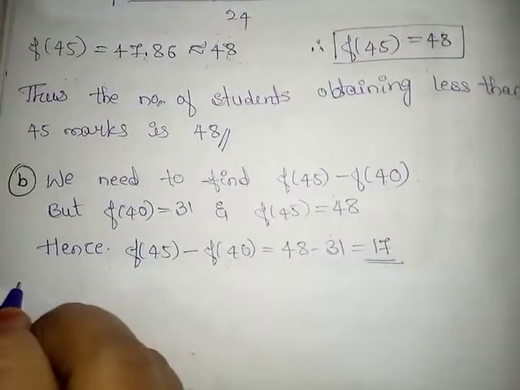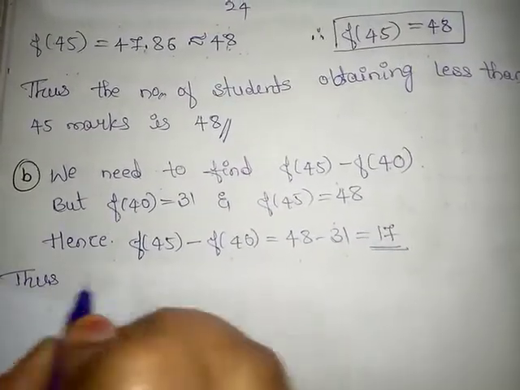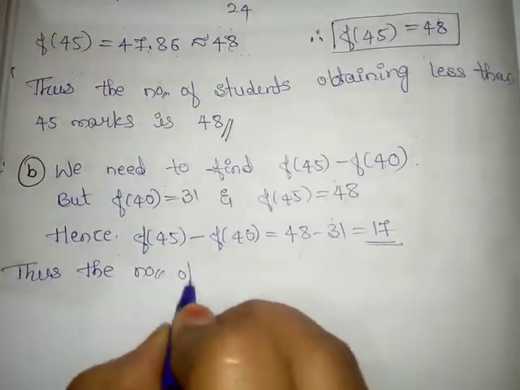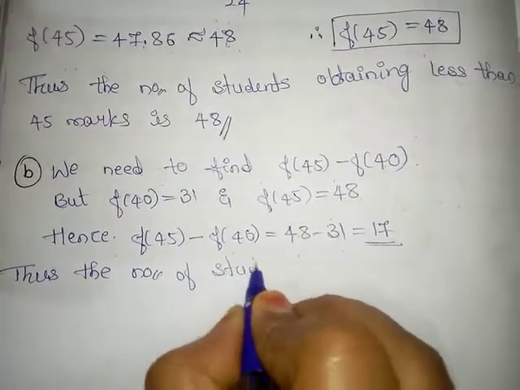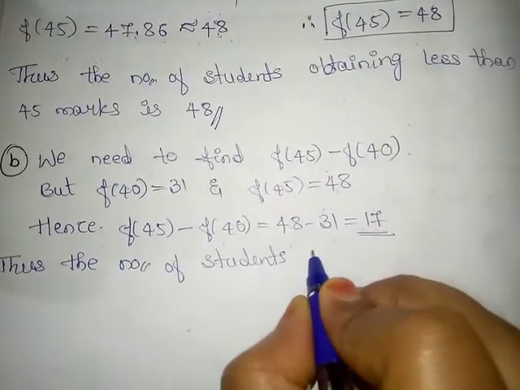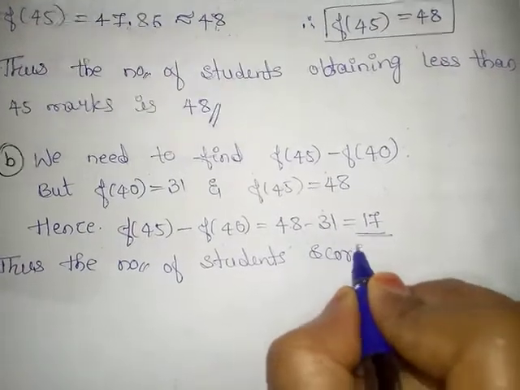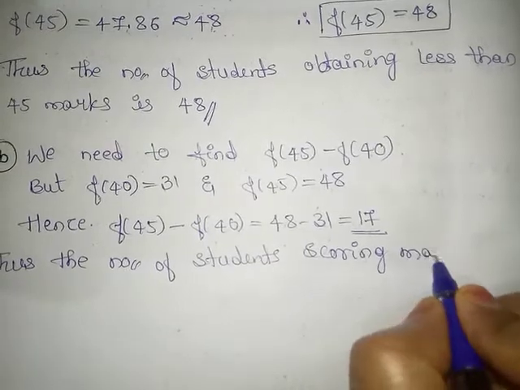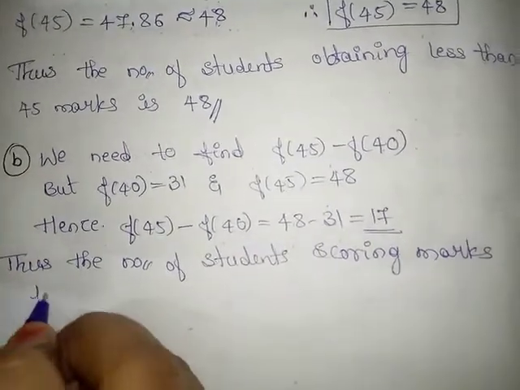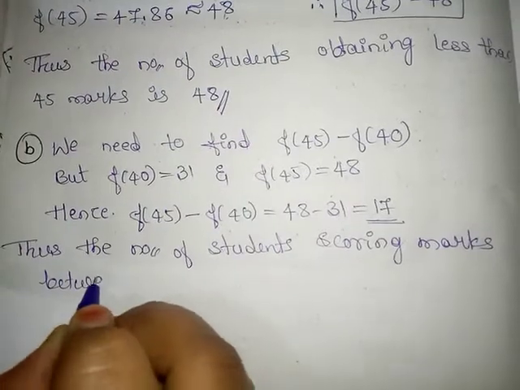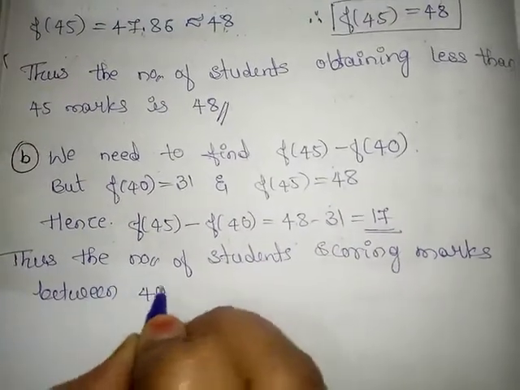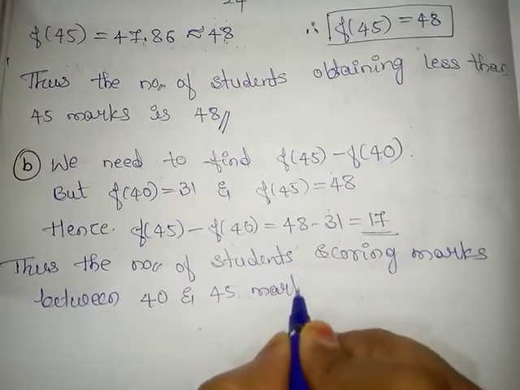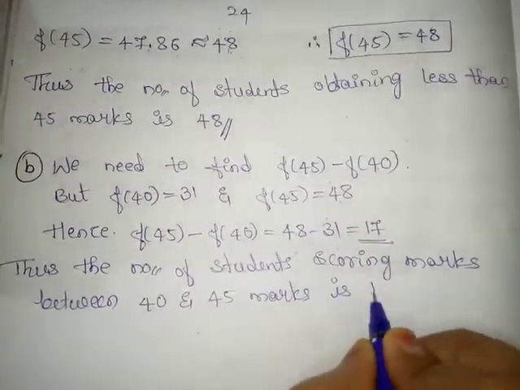Okay, write the conclusion. Thus, the number of students scoring marks between 40 and 45 marks is 17.